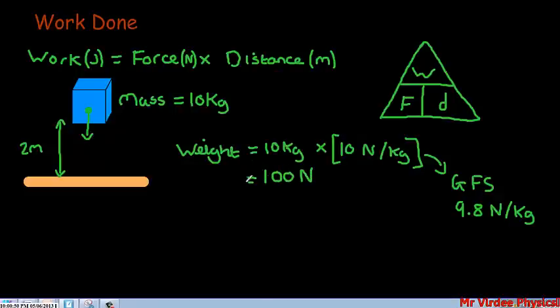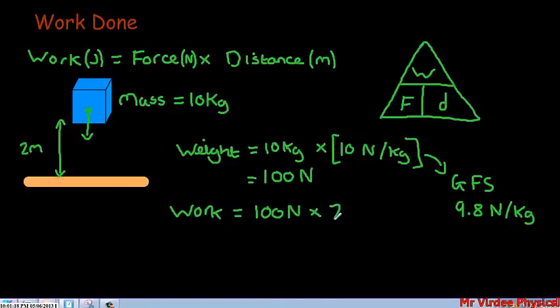So what work are we doing when we're dropping that box? If we've dropped it from a height of 2 meters, the work it does is simply going to be 100 newtons, our force, and in this case it's a weight, because weight is obviously a force, multiplied by the distance it falls, which is our 2 meters.